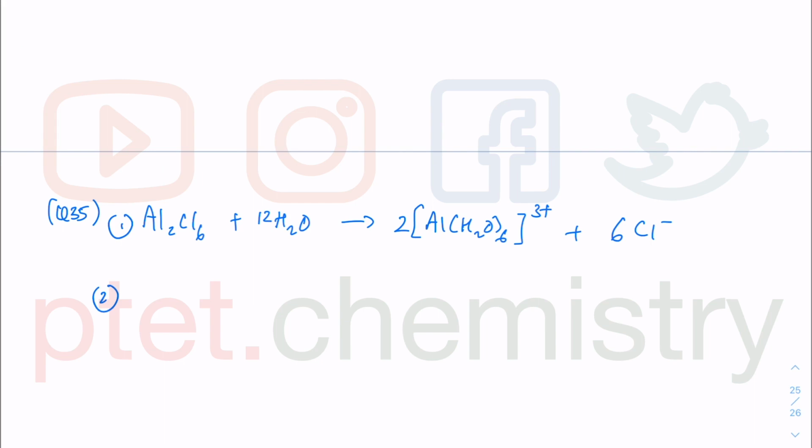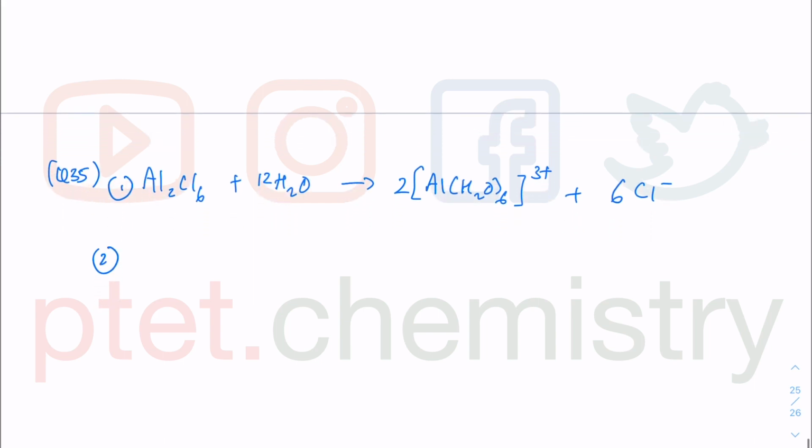The second reaction, to precipitate all the aluminium as the hydroxide. So I take the aluminium cation dissolved in water, which is the hexaaqua complex. Then I react it with NaOH. I get 3 NaOH, and then I get the precipitate. So the precipitate is aluminium hydroxide.